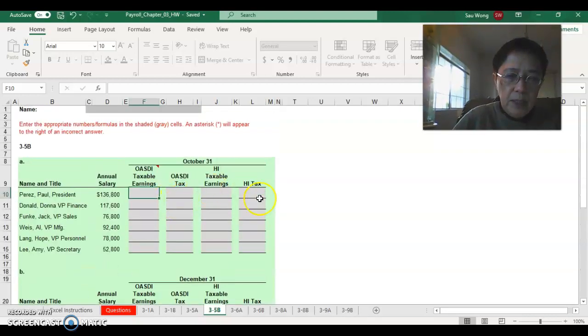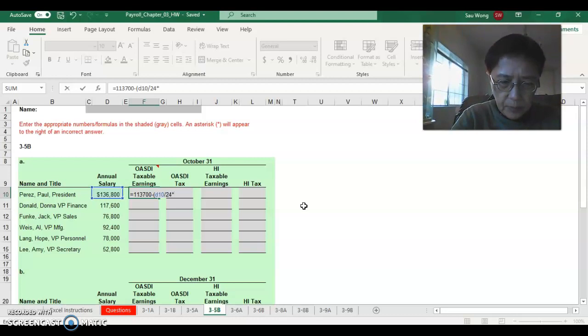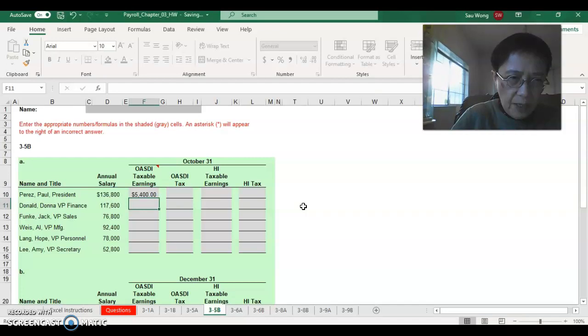So it is equal to 113,700 minus D10 divided by 24 payments times (24 payments minus 5, which is the 19 payments), close bracket, which is 5,400.